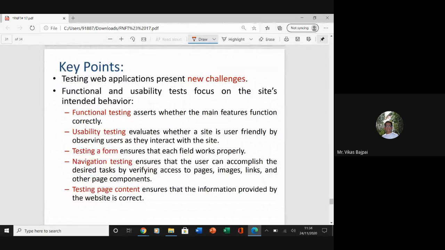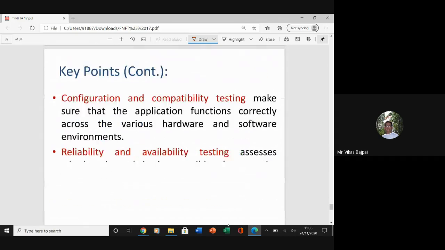So some of the key points: testing web applications obviously presents some new challenges, and functional and usability tests focus on the site's intended behavior. What we have is functional testing. I have the usability testing, testing a form, navigation testing, and testing the content of the pages.